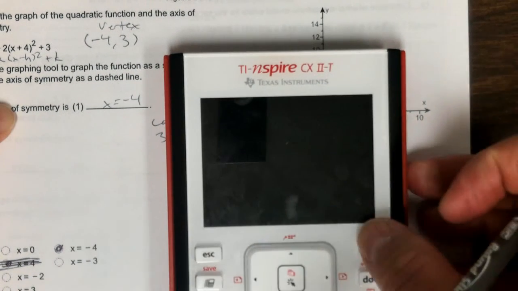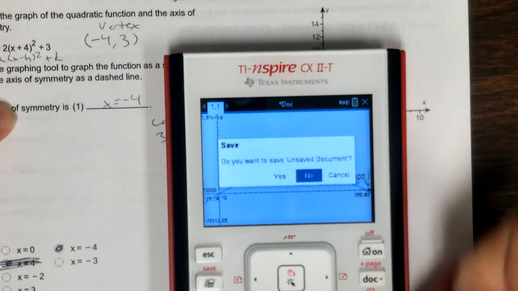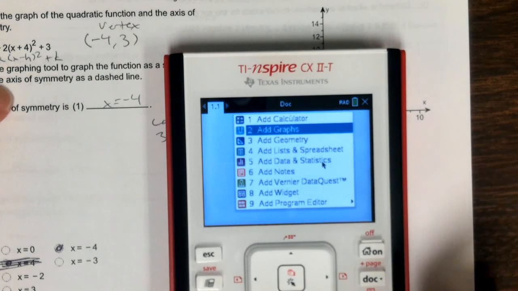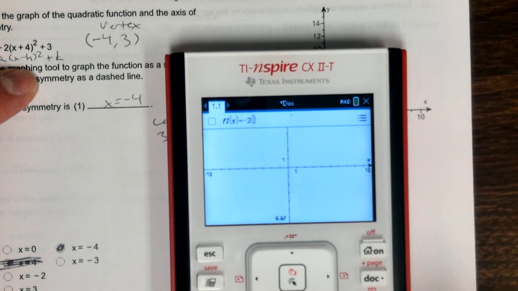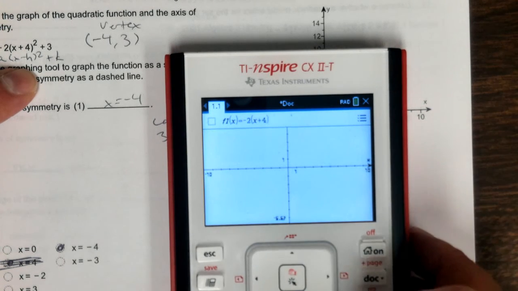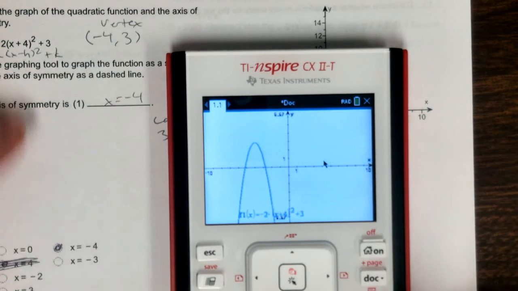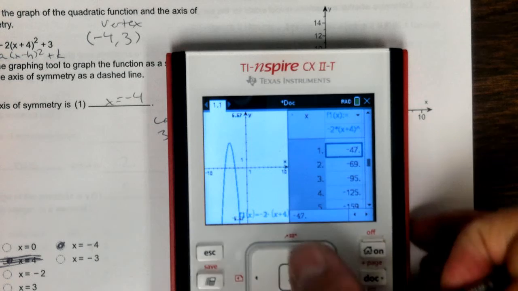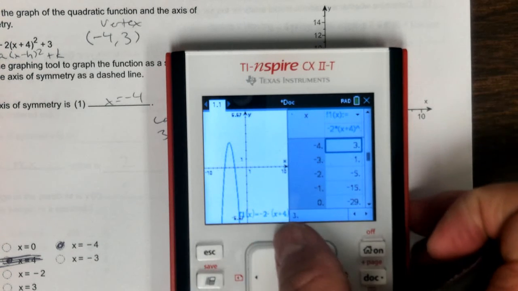So go to your table once it's in your calculator. Negative 2 times (x plus 4) squared plus 3. Okay, so it looks like that. Go Control T and try to find some good points like (negative 3, 1).